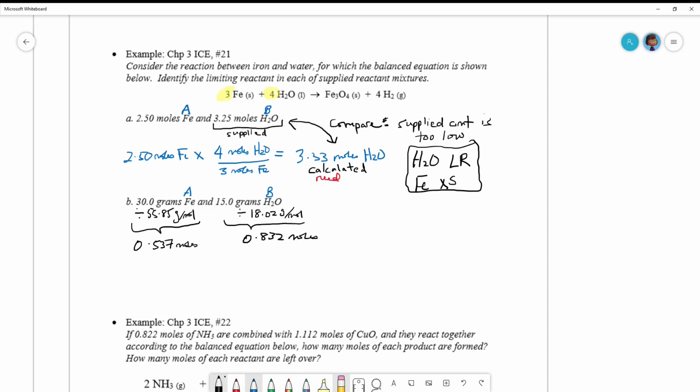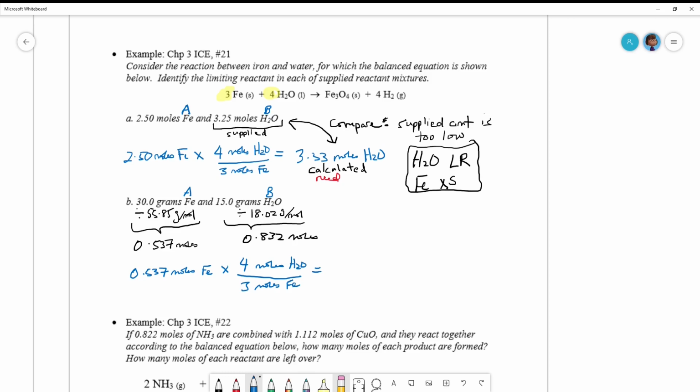I'm going to do my calculation. So using the mole ratio from the balanced equation, starting with iron as reactant A, I know that 0.537 moles of iron, in a perfect world, using that mole ratio, reacts with 4 moles of water for every 3 moles of iron. So I'm using that same highlighted mole to mole ratio.